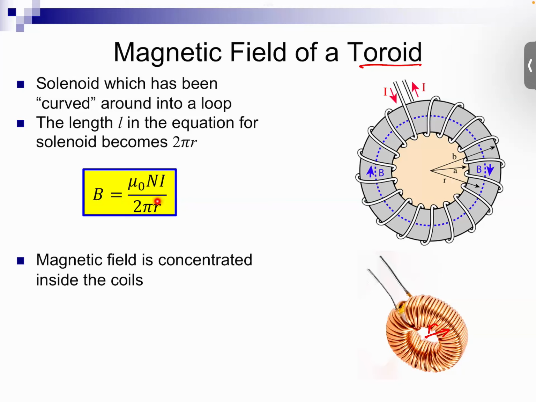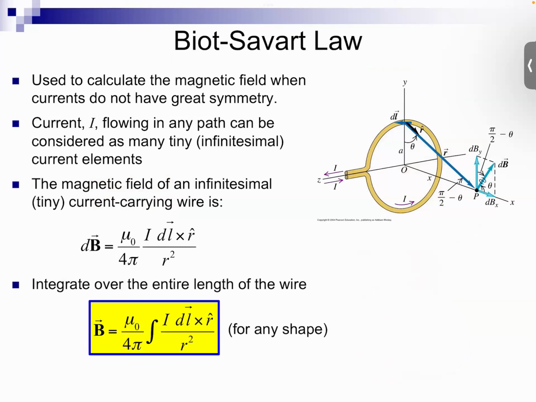Again, if you're interested in the derivation of this, I'll refer you to the textbook. It's from Ampere's law, because you have good circular symmetry, and Ampere's law is good to use when you have good symmetry. But in some cases, we cannot find a useful symmetry to calculate the magnetic field. If there's no useful symmetry, we use what we call the Biot-Savart law.